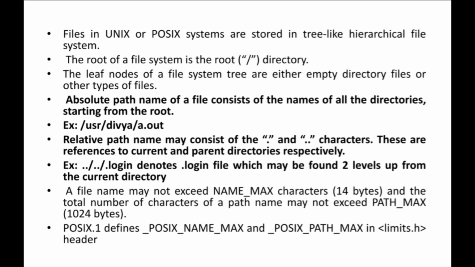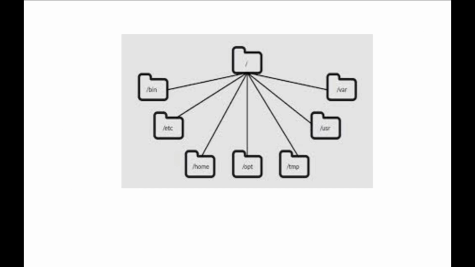Here user is one type of directory, divya is one directory, a.out is one file. Suppose, if you want to find out bin here, how can you find out bin here? /bin. /bin means slash is the root directory, next is the bin directory, like that. You can find out any file based on the levels.